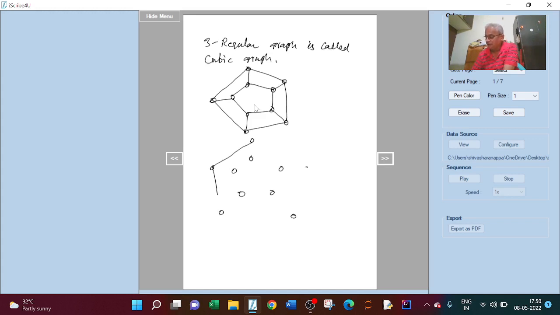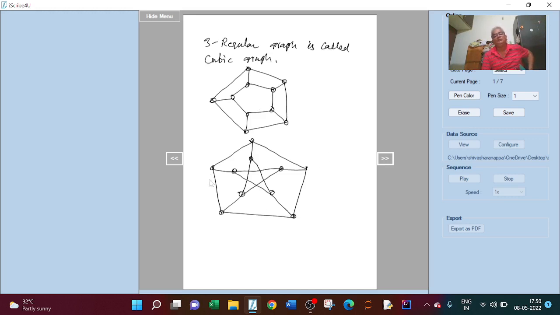First I will draw this cycle. And then we draw one more cycle here. And joining these vertices. This is also a three regular graph.